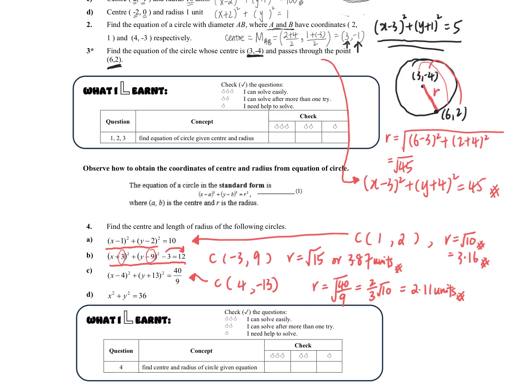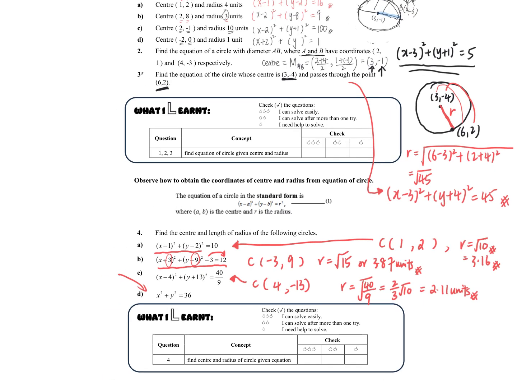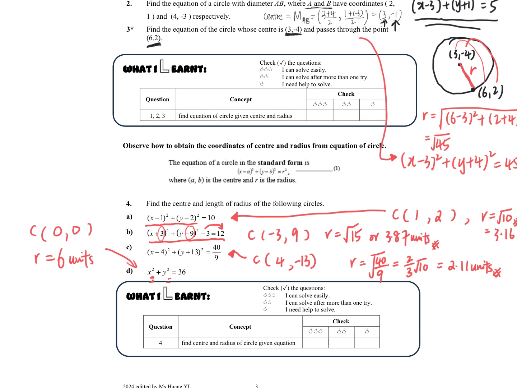0, 0. Oh, so fast. Okay, Raj, what is it? 0, 0. And then the radius is square root 36, which is 6. If there's nothing there, it just means it's 0. So for both directions, make sure you know how to write the equation. This one, as a final answer, cannot because it's not simplified.